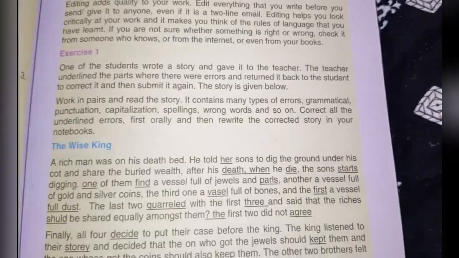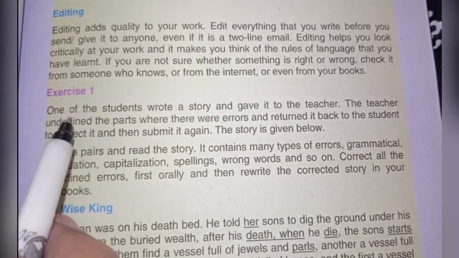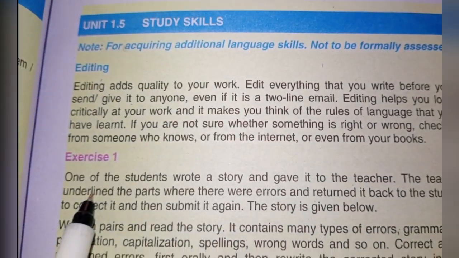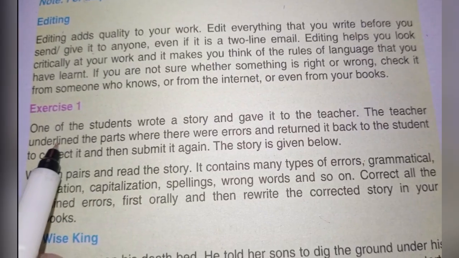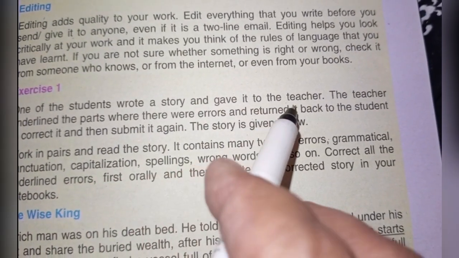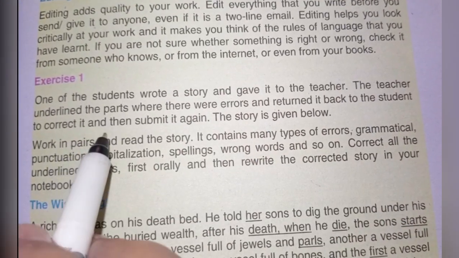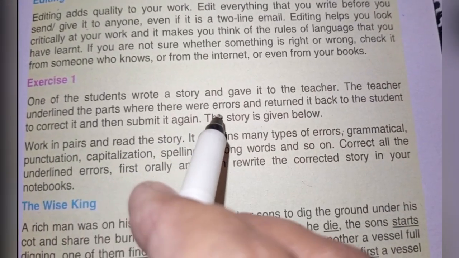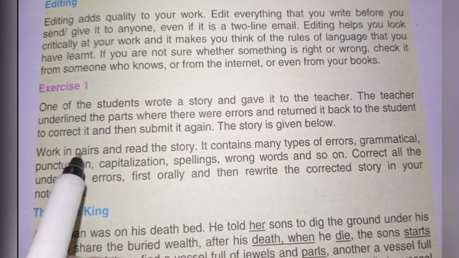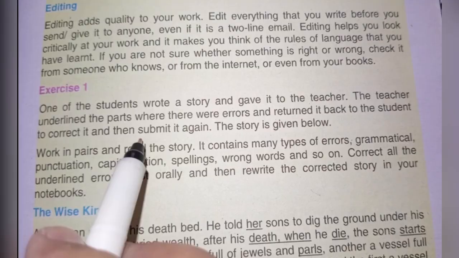Okay, so now you are looking at exercise 1 of unit 1.5, in which it says one of the students wrote a story and gave it to the teacher. The teacher underlined the parts where there were errors and returned it to the student to correct and submit again.